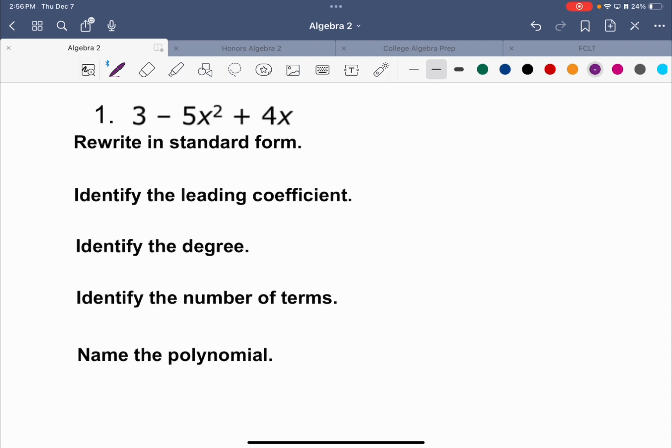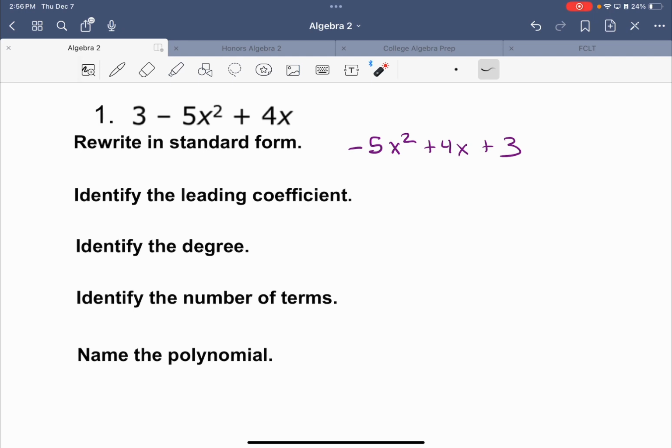So by standard form, we look at the largest exponent, which is 2, and we bring the coefficient along with it. So it's negative 5x squared plus 4x plus 3. That's standard form. It goes from the largest exponent to the smallest exponent.